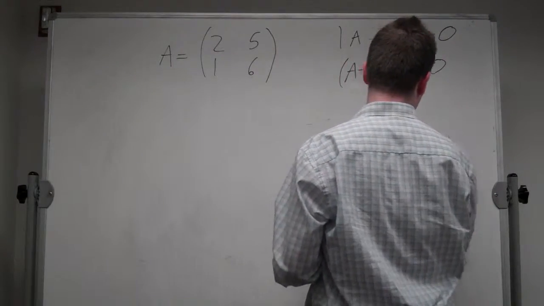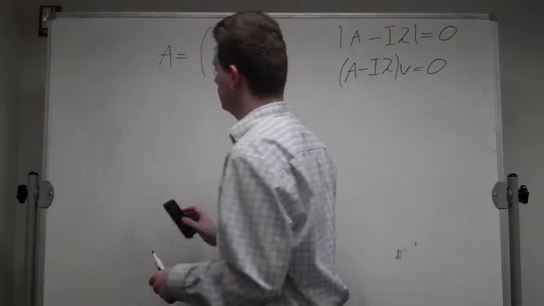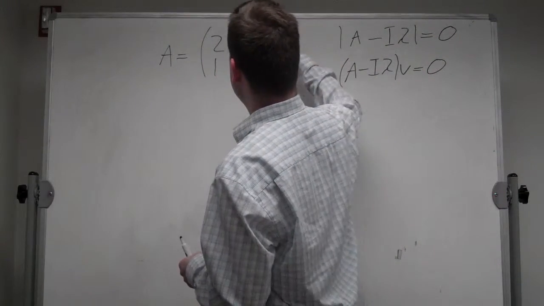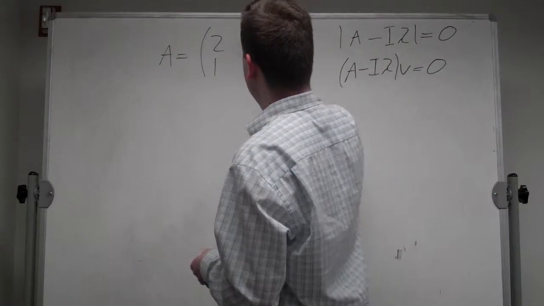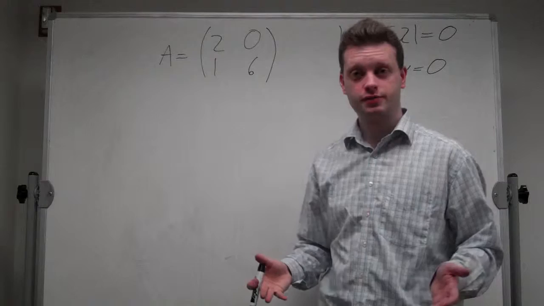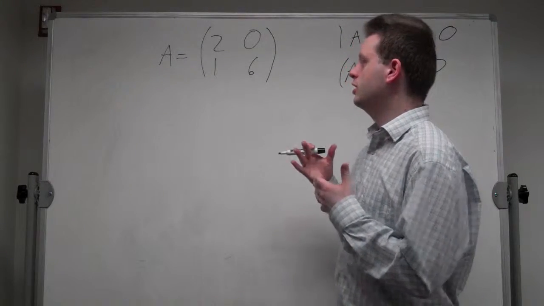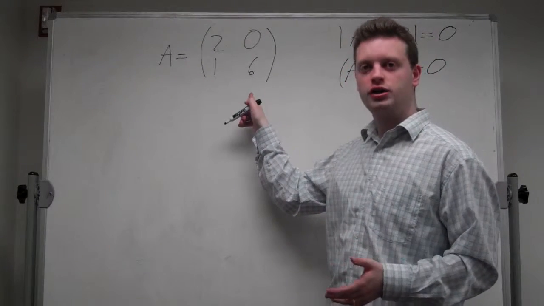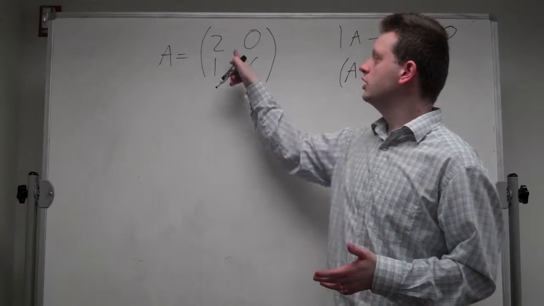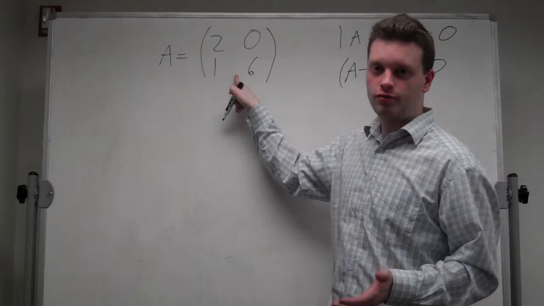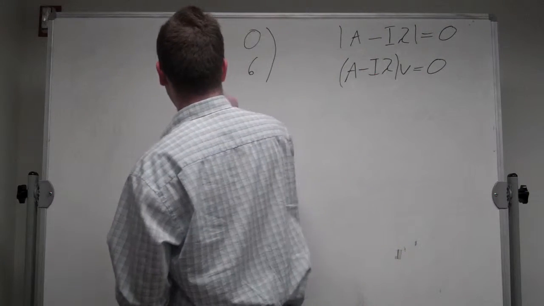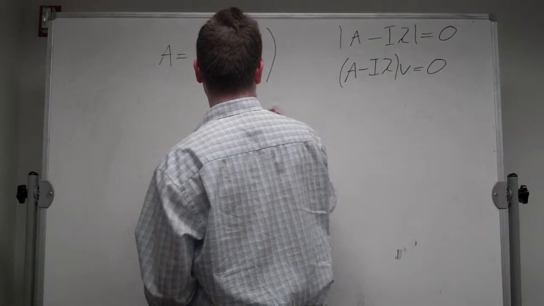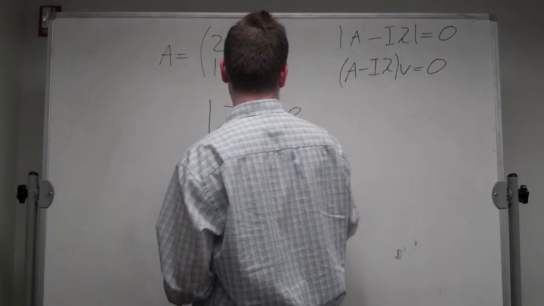In particular, let's take the same matrix, but replace this 5 here with a 0. Now we have a triangular matrix. If we calculate the determinant of this triangular matrix with this adjustment, we will get the determinant of 2 minus lambda, 0, 1, 6 minus lambda.